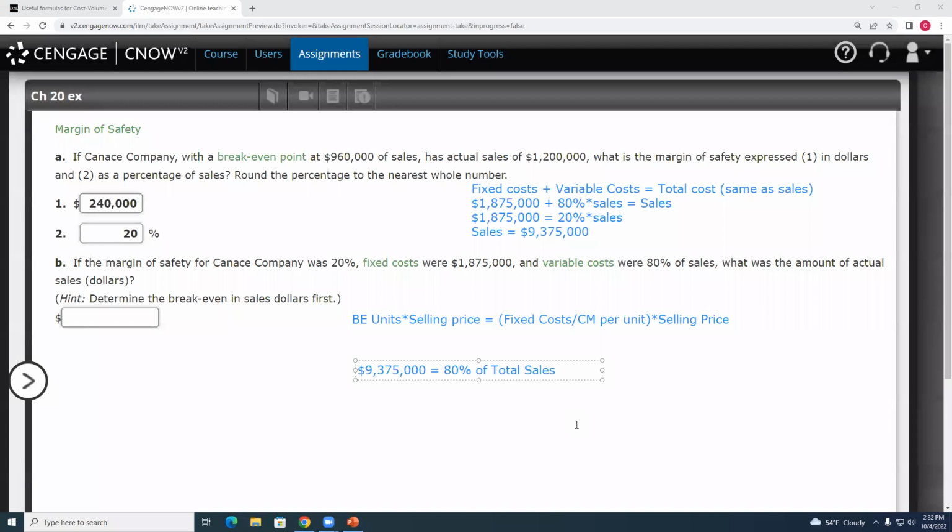If we then divide each side by 80%, we get total sales must be 11,718,750.